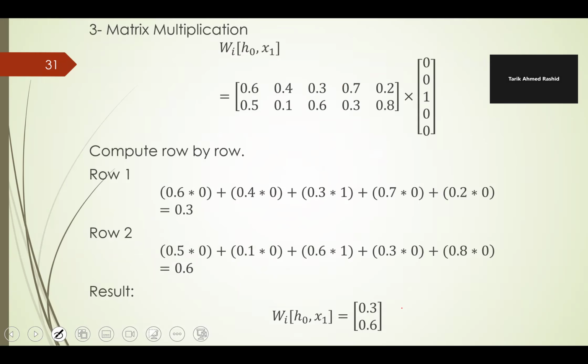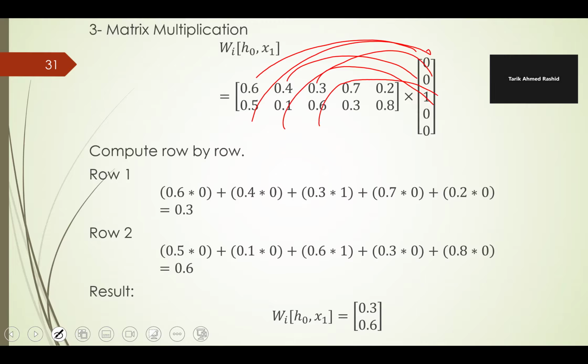So here is 0.6 multiplied by 0, 0.4 multiplied by 0, 0.3 multiplied by 1. And you can see for the second, 0.5 multiplied by 0, 0.1 multiplied by 0, 0.6 multiplied by 1, 0.3 multiplied by 0. And you can see the result is this one.